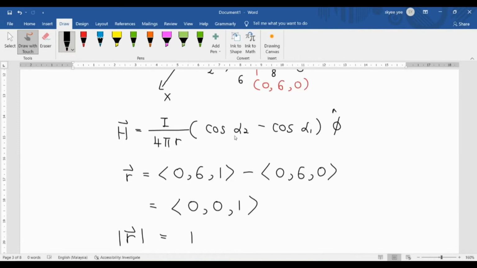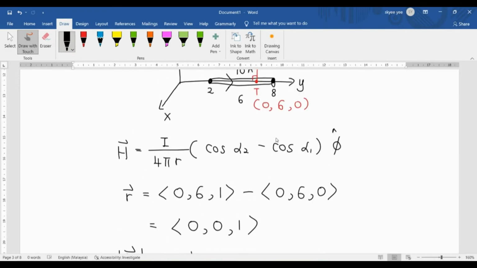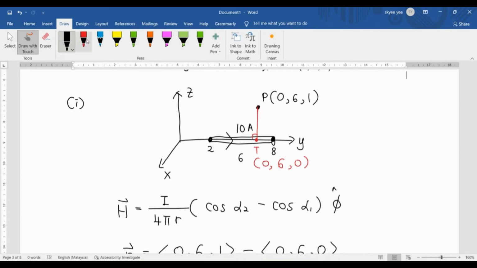Now let's move on to alpha 2 and alpha 1. I will join this together. What do you think? Which point should be A, and which point should be B? Any ideas? Should this point be A or B?